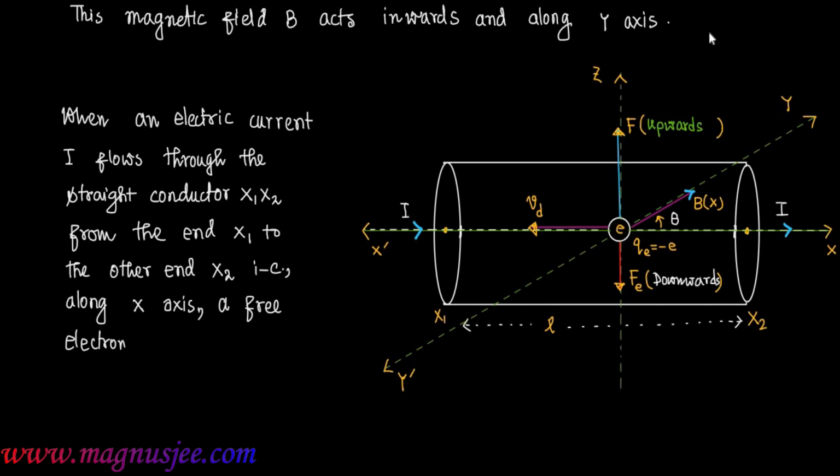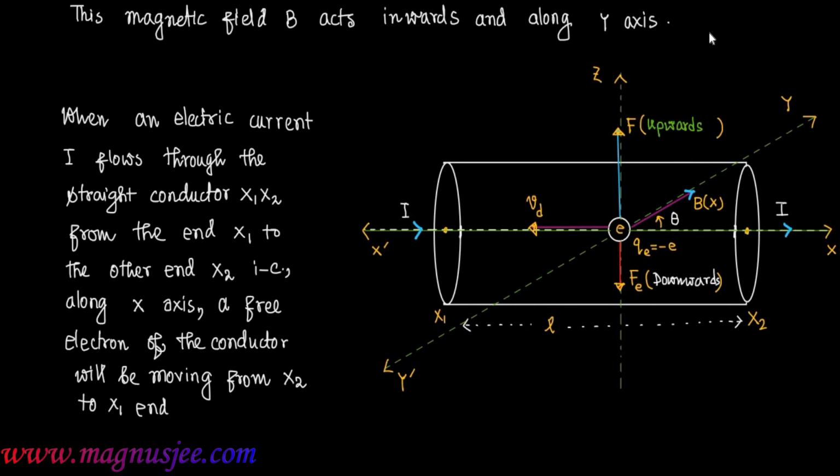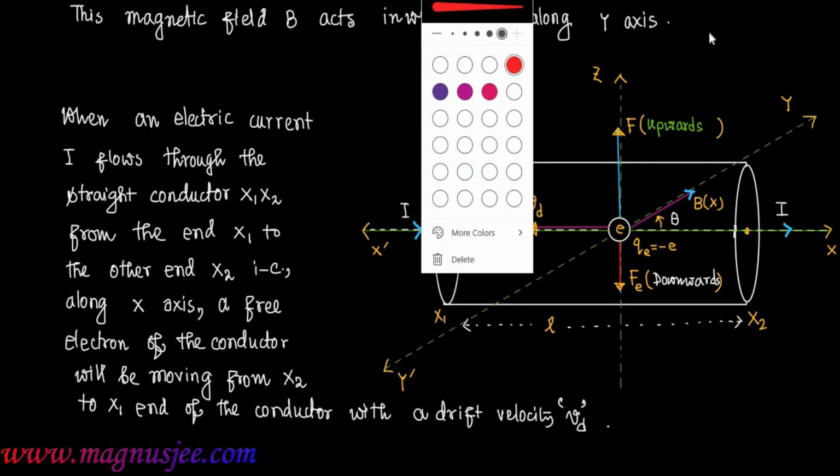When an electric current I flows through the straight conductor along positive x-axis, a free electron of the conductor will be moving from the X2 end to the X1 end of the conductor with a drift velocity Vd.